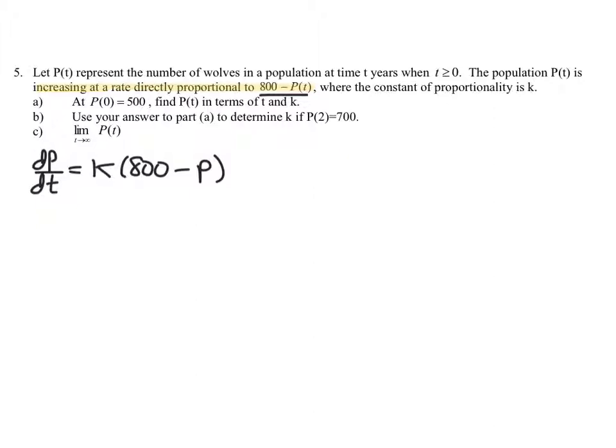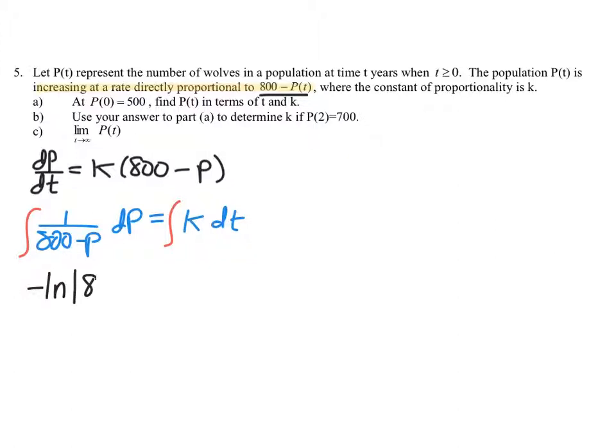So 1 over 800 minus P dP is equal to k dt. All right, the antiderivative of 1 over 800 minus P, and the right-hand side is just kt plus C. Now, we have conditions here to work with.